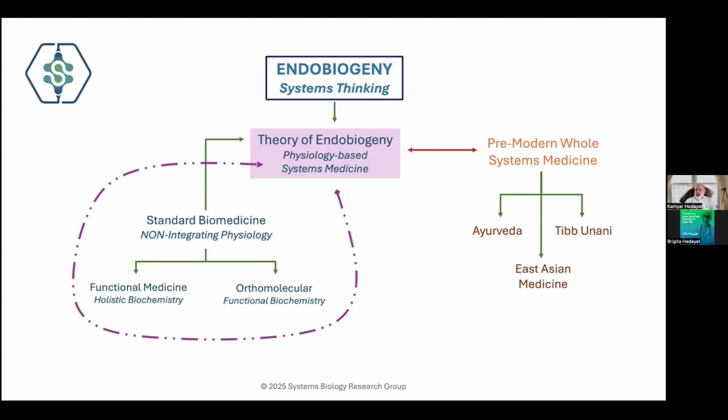And I am profoundly respectful and honoring of these systems. There's nothing wrong with these systems at all. I have no criticism actually at all of them. What I would say the positive interaction is between the theory of endobogeny and the pre-modern whole systems medicine approaches is the ability to quantify findings that you detect on pulse and tongue, for example, using the physiologic concept.